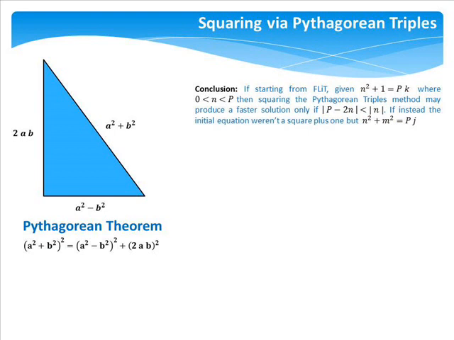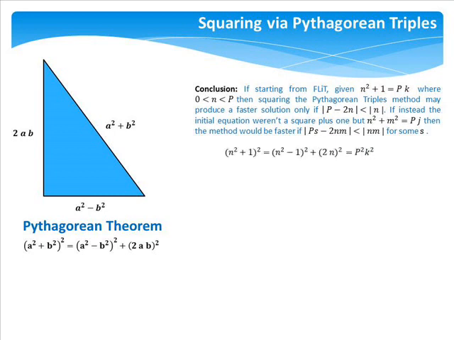If instead the initial equation weren't n squared plus 1, but n squared plus m squared equals p times j, then the method would be faster if the absolute value of p times s minus 2 times n times m is smaller than the absolute value of n times m for some s.